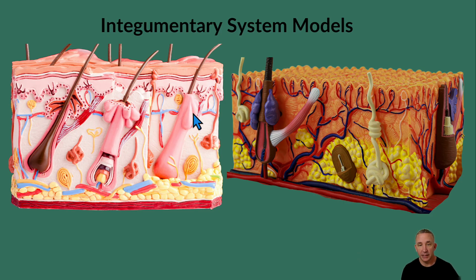So these pink structures here, and then they opened it up here. It goes around the hair. On this one, it's this purple structure here. This is secreting oily secretions that we call sebum. So I get that oily sensation on my hair, my skin. That's produced by sebaceous glands.